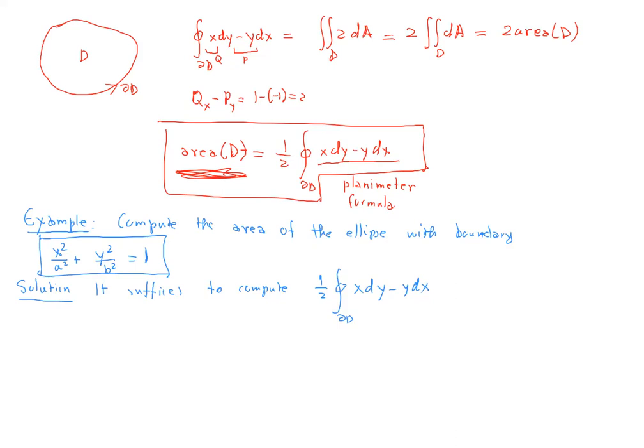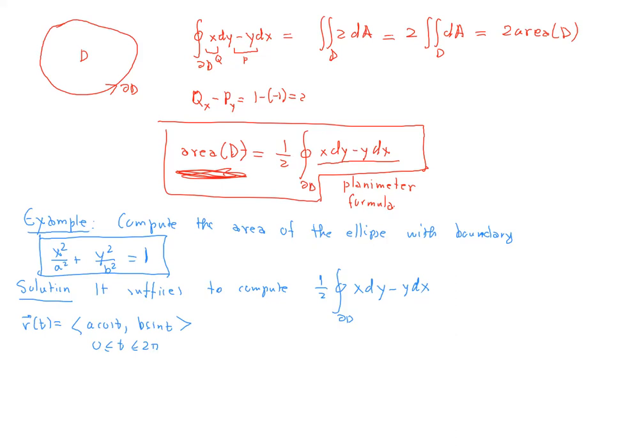And since the underlying vector field is not conservative, we should just go with the parameterization. So how does one parameterize this ellipse? Parameterization of this ellipse is given by r of t equals a cosine t, comma b sine t, and t here should be between 0 and 2 pi.